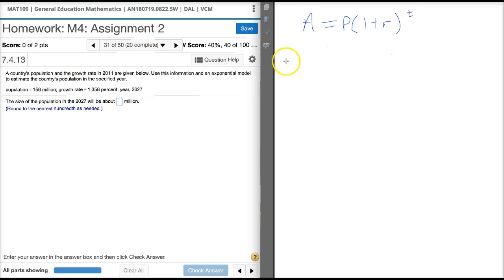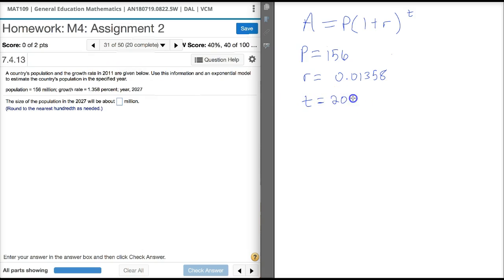All right, and so here we know that our initial population is 156 million. The growth rate, R, is 1.358%. So that means in decimal form, it's going to be 0.01358. And of course, for our time, the year is 2027, but we actually started measuring this country's population and growth in 2011.